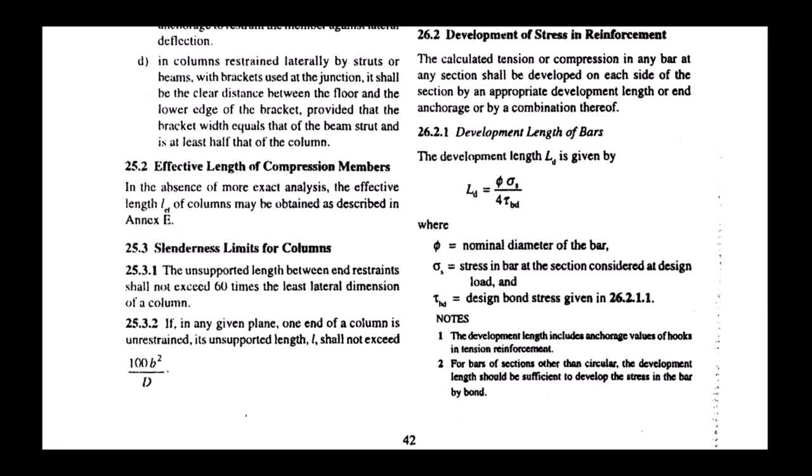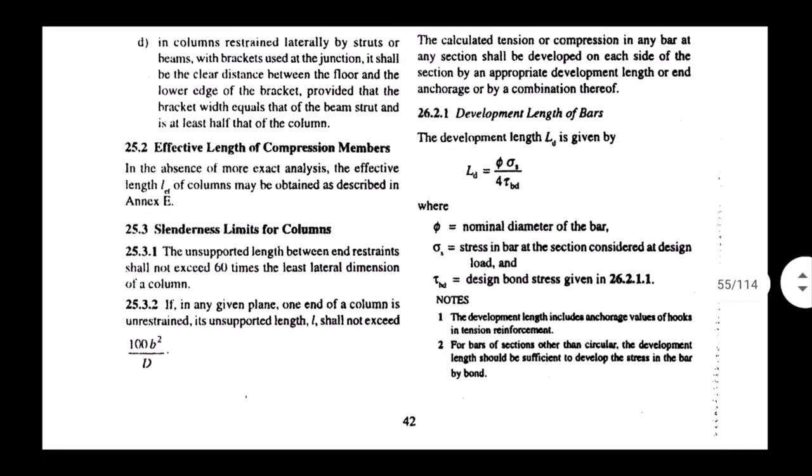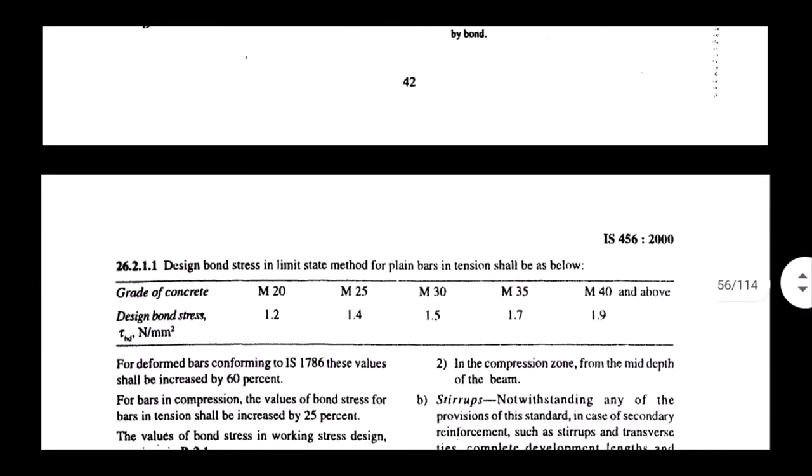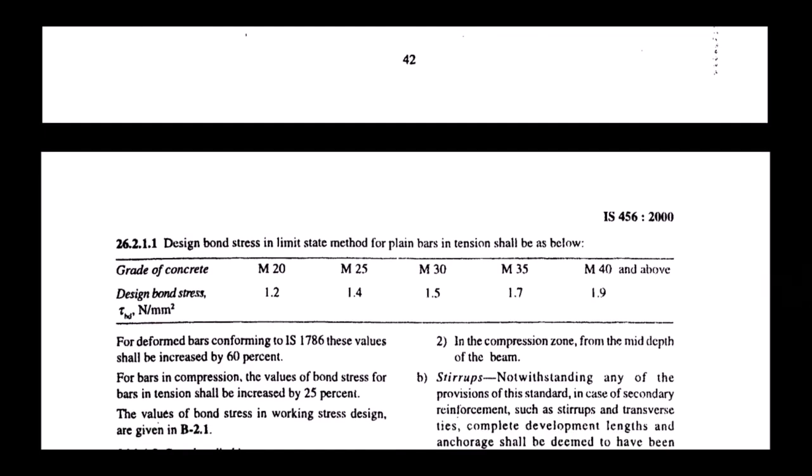We have seen the formula and detail in my previous lecture for the singly reinforced beam, whose link is given in the description box. You can check it there. The value of tau BD is given here in clause number 26.2.1.1. For grade of concrete M20, the value is 1.2, and for deformed bars it shall be increased by 60%, right?